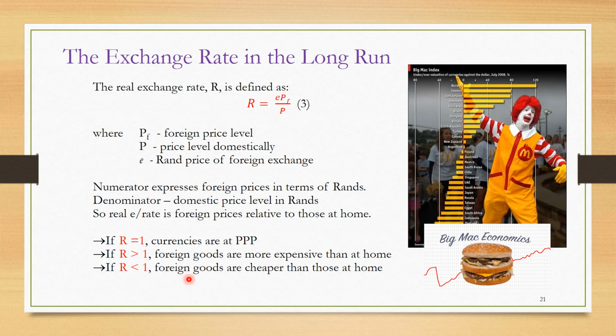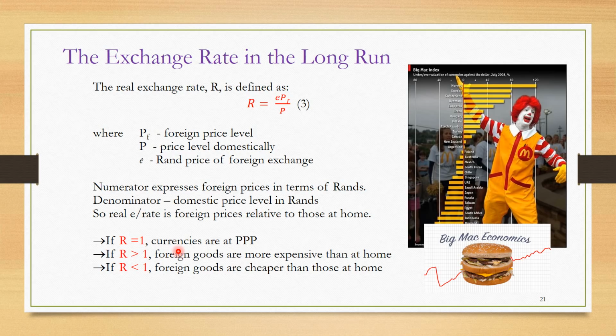If the foreign price level were to rise this time, so that's 110, and you divide this by 100 and keep E at 1, not changing your nominal exchange rate, you'd get a value greater than 1. 110 over 100 times 1, R would be greater than 1, and it suggests foreign goods are more expensive than at home.